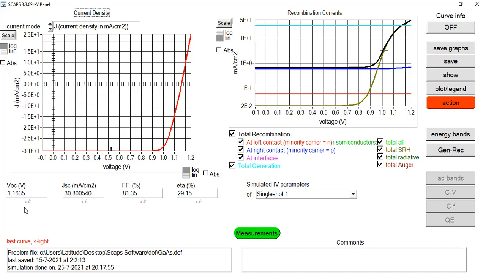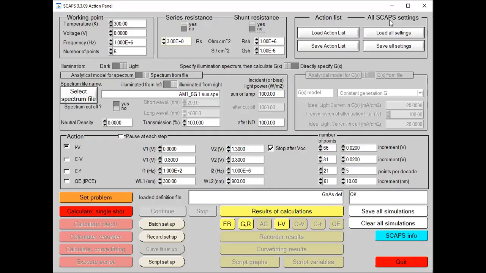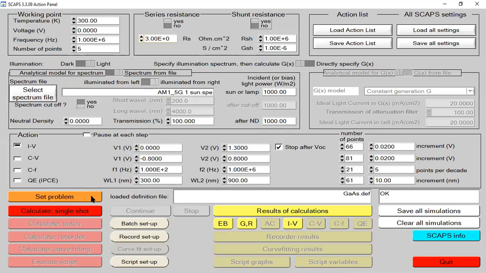Now I am going to set another work energy function as the back metal contact in my gallium arsenide based solar cell, so that I can compare what actual effect the metal work function can have on the performance of any solar device. So once again, I'm going to back set the problem.